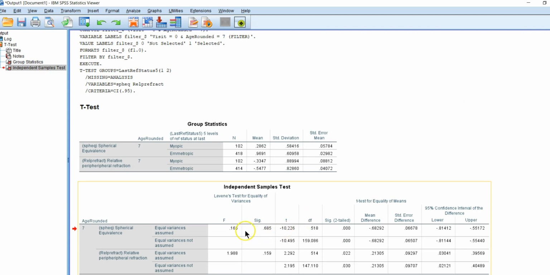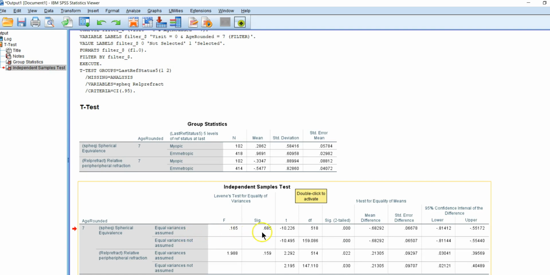And here we do an F of the larger variance, which would be the emmetropes divided by the myopes, but it's variance, so it's these numbers squared, gives us 0.165. The significance is 0.68, so we have met the assumption of equal variance.